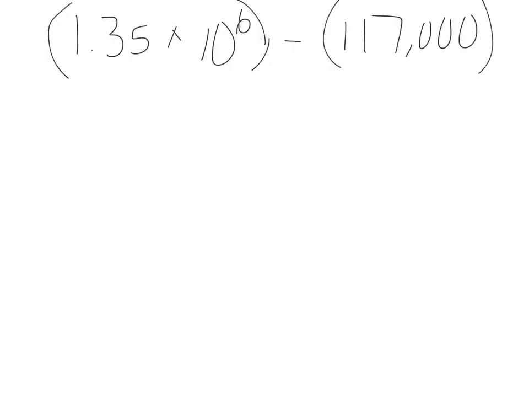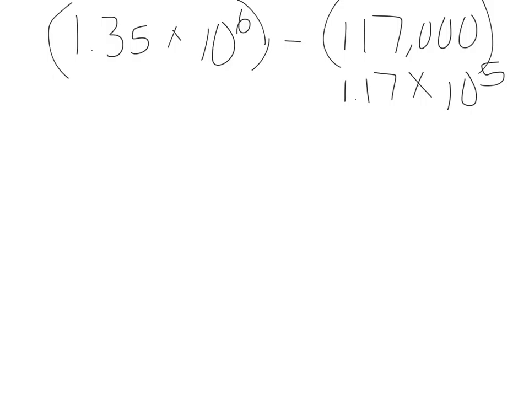Alright, now this one is a subtraction one, and you have to do another thing here where you have to actually turn them both into scientific notation. So first, that would be 1.17, and then 1, 2, 3, 4, 5. Alright, times 10 to the 5th.